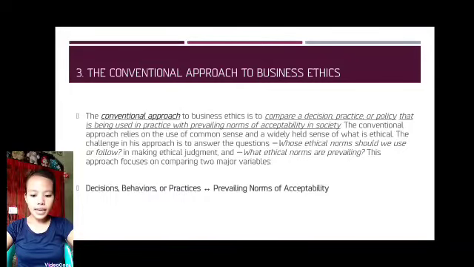We openly see norms, attitudes, or behavior that are present in the business, but we must understand whether these norms, behaviors, or attitudes are ethical or acceptable to society.